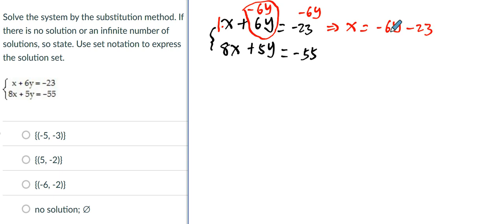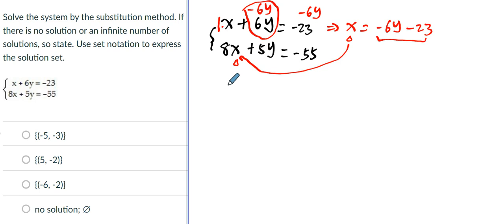Now we are ready to do the substitution. How to do that? X. So we need to replace or substitute -6y minus 23 for x here. We want to plug in this -6y minus 23.